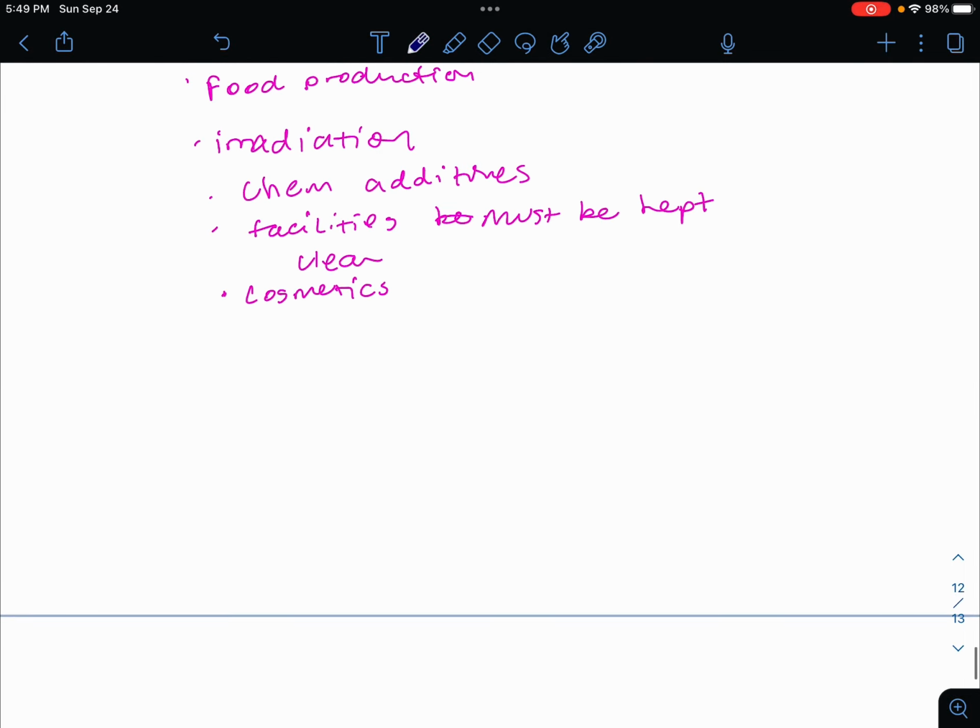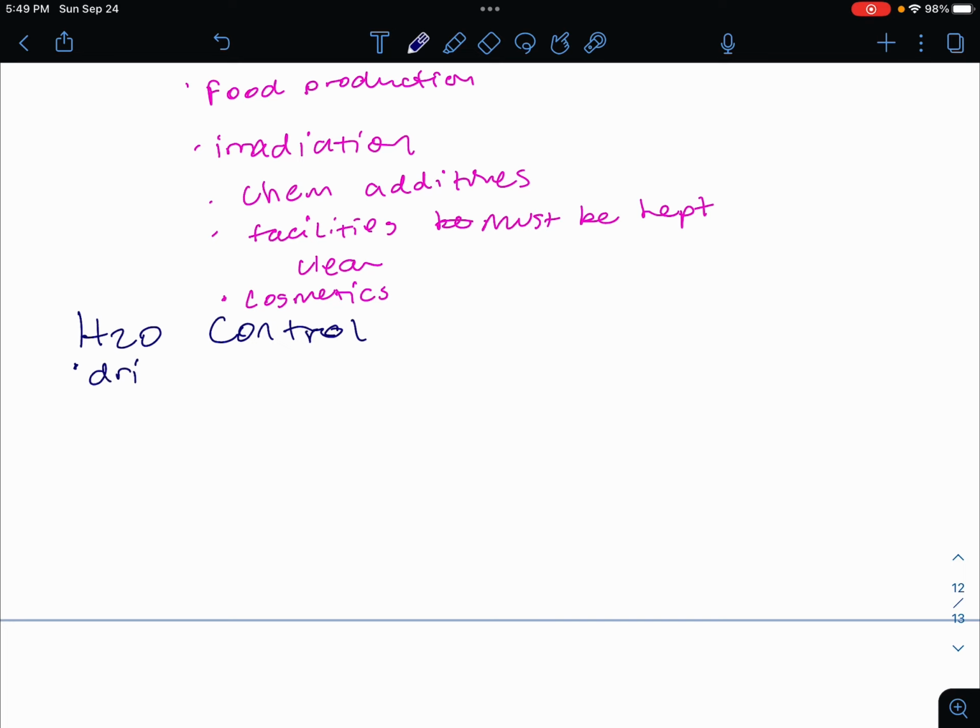Alright, control and water treatment. Let's switch to blue because we're going to be talking about water now. We need to make sure drinking water doesn't have any pathogens. Of course, that's the main goal. So usually we'll use chlorine.